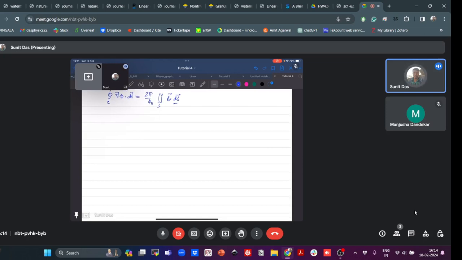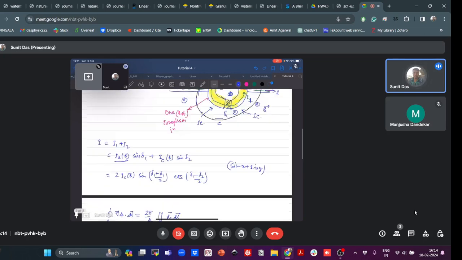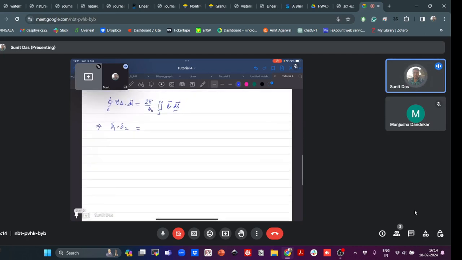And grad phi is the phase difference. So here we can directly say that the phase difference is simply delta 1 minus delta 2, because we are assuming this is delta 1 and this is delta 2. So the phase difference is simply delta 1 minus delta 2, and then 2 pi by phi naught. This we assume to be phi.